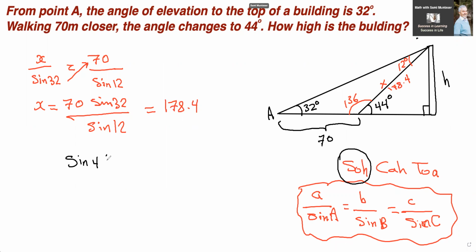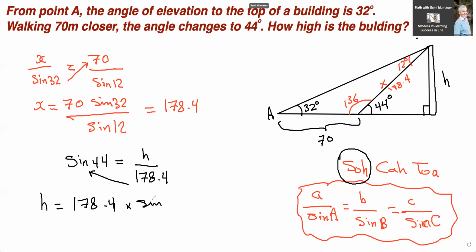Sine 44 equals the opposite, H, over the hypotenuse, which is 178.4. And now you just cross multiply the 178.4 with the sine 44, and you'll get H equals 178.4 times sine 44.